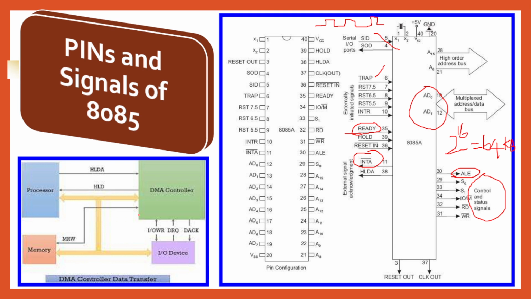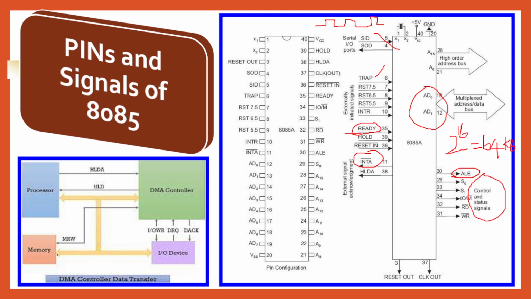To overcome that, new logic is introduced here, DMA, direct memory access. That controller is connected. Whenever an IO device wants to access memory, it will intimate the DMA controller. The DMA controller will ask the processor for permission with the help of HOLD. The processor will give the permission through HLDA. Then the DMA controller enables the connection between the IO device and memory directly.